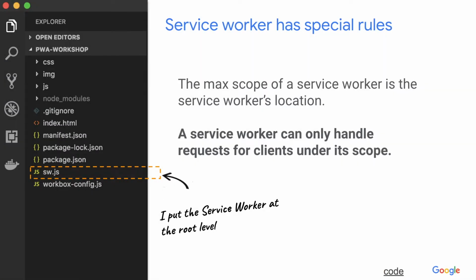So the service worker has some special rules. It's important to have your service worker at the root level of your project because the service worker can only handle requests for clients under its scope. What does it mean? Quick example. Let's say we are a SaaS company, a software as a service company.